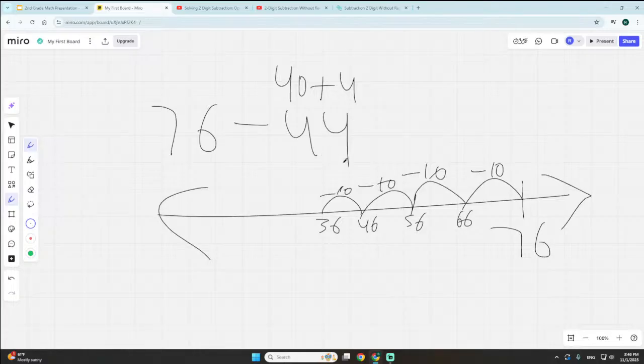And then let's do 4 jumps of minus 1, since we have 4 in the ones place. So after that, we get 32.